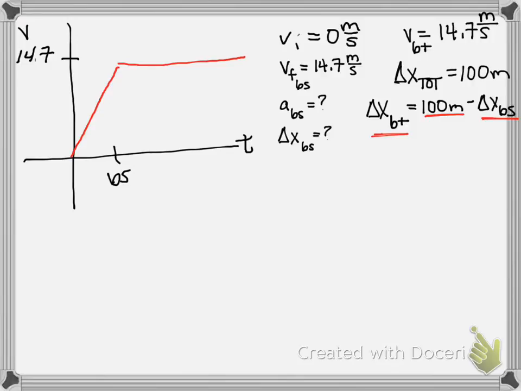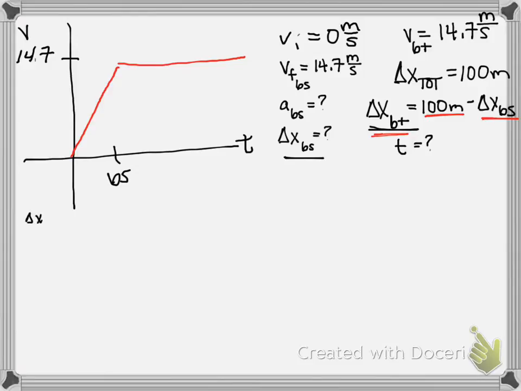And then my final question is, how long does it take her to do all of this? So the first thing that I need to know is what her displacement over the first 6 seconds is, because that is what's going to inform her displacement over the last leg of the race. So to do that, I'm thinking I'd like to use this equation right here.